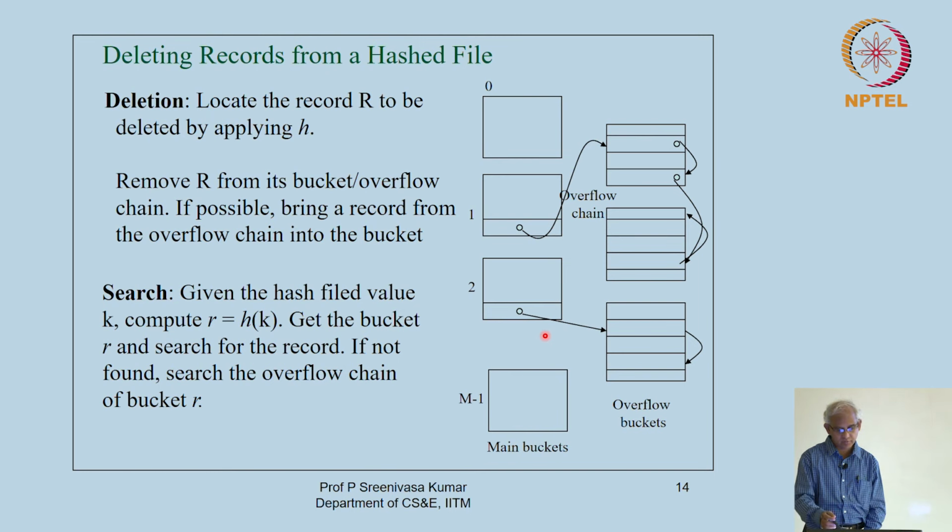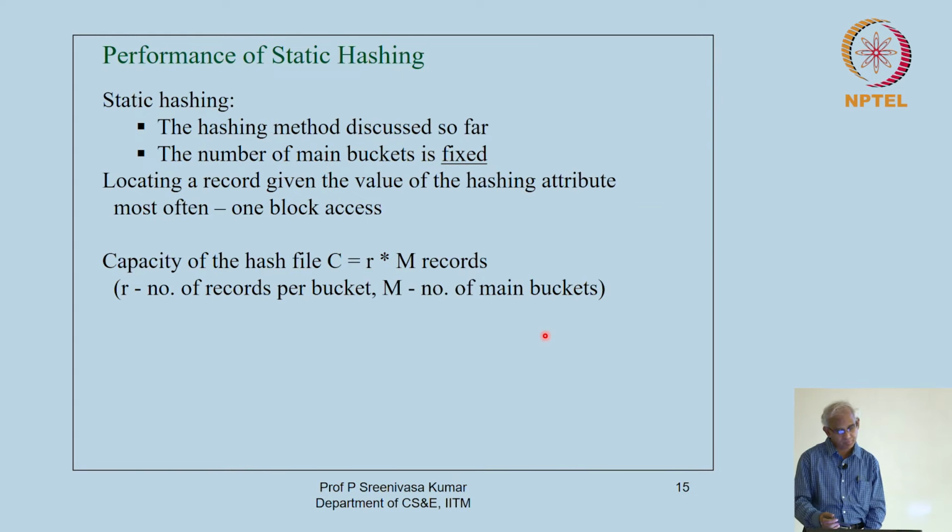This particular hash file organization makes use of what is called static hashing. The problem with static hashing is that we have assumed that the number of main buckets is in some sense fixed.